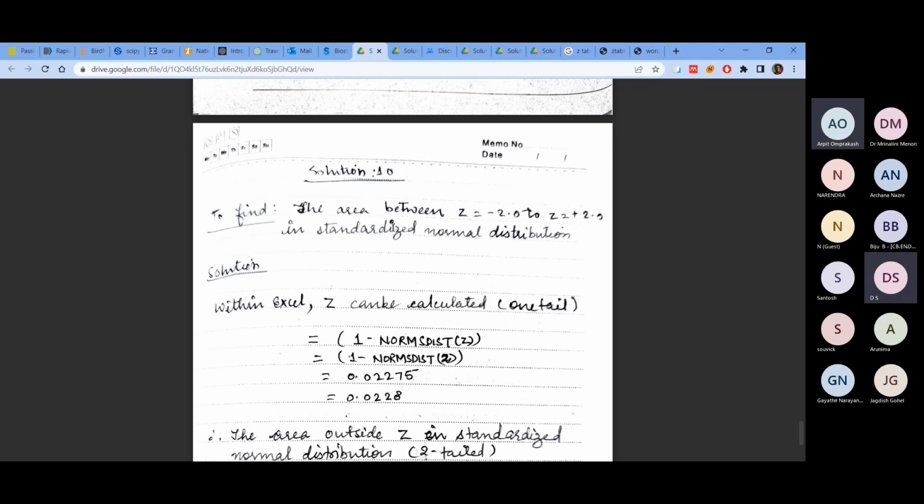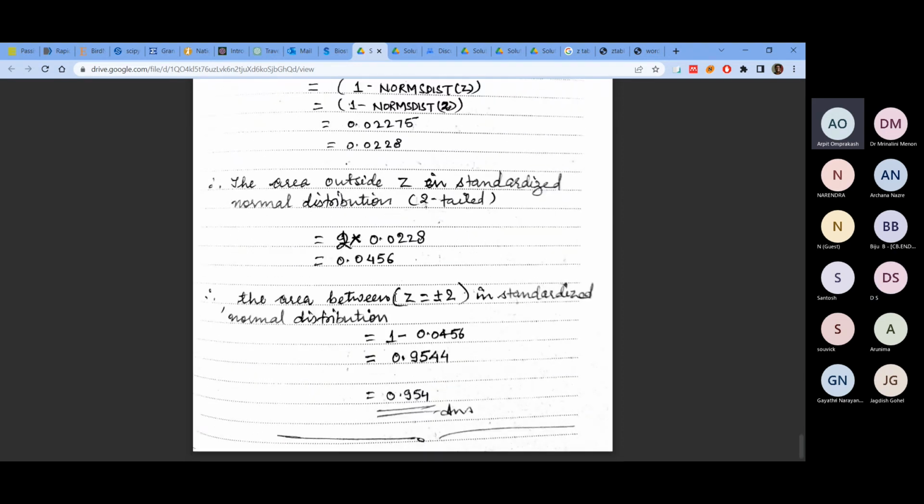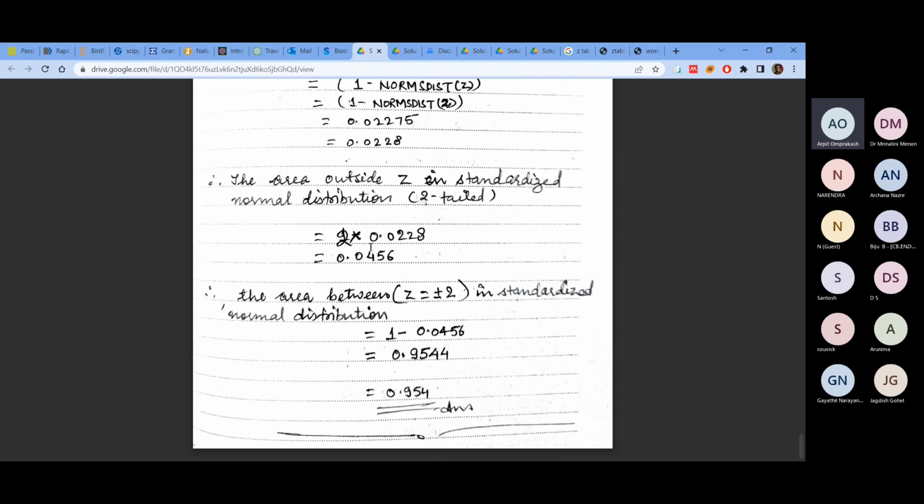So this is like 95% between two standard deviations. For one standard deviation, it's 68%. For 3, it's 99%. So these are standard values that you can remember. Otherwise, you can just consult the table and get the value at 2 and get the value at 1. And then, get the value at +2 and get the value at -2. Then you can subtract it. Okay, sir.